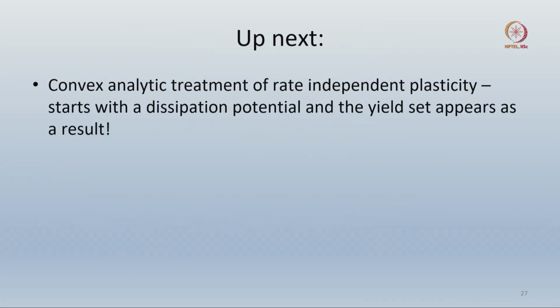There is one aspect that I have already been touching on again and again, which is the convex analysis, without getting into the details, which we should now do. So in the next lecture, we will give you a feel of this convex analytic treatment of rate independent plasticity.